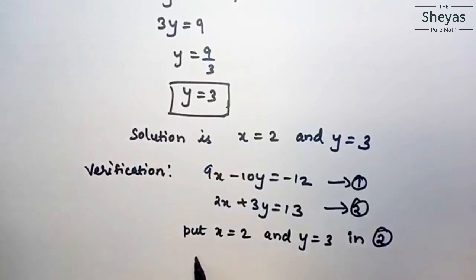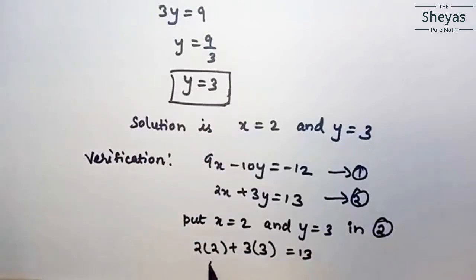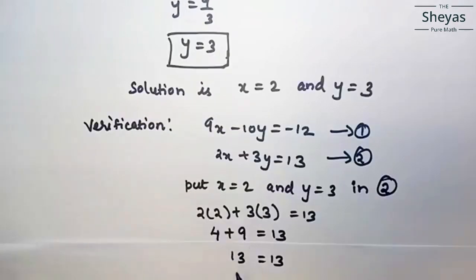So what will you get? 2 into 2 plus 3 into 3 is equal to 13. 2 2s are 4 plus 3 3s are 9 is equal to 13. 4 plus 9 is 13. 13 is equal to 13. Now you have verified, so your solutions are correct. x is equal to 2 and y is equal to 3.